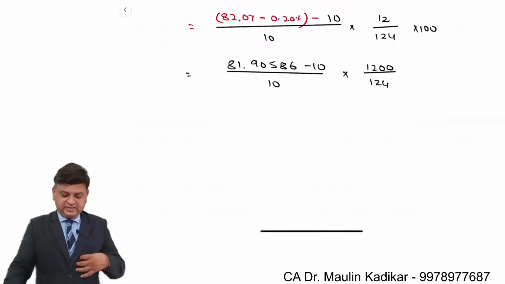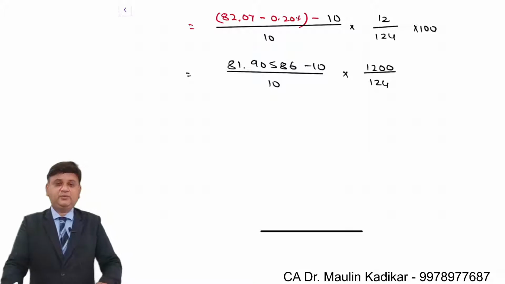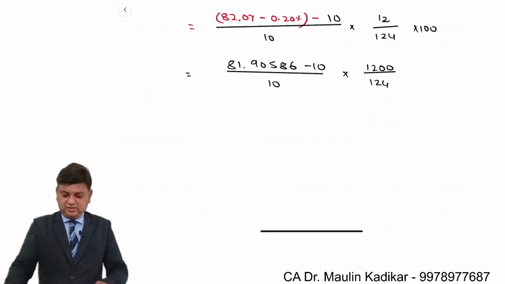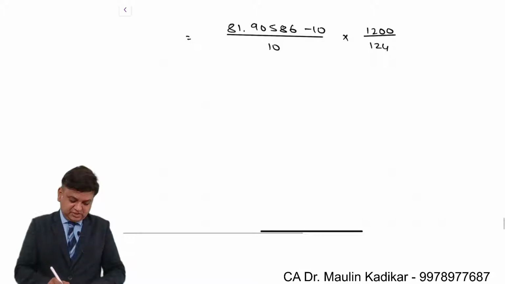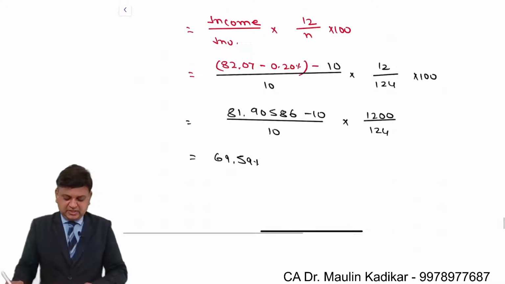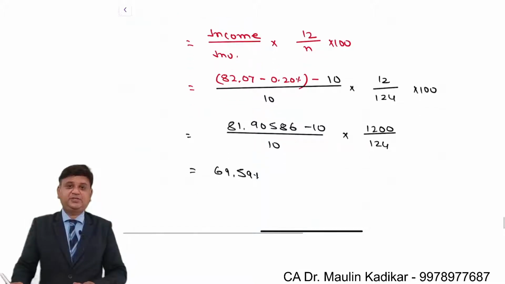So 81.90586 minus 10 comes to 71.90586 into 1200 upon 1240. That comes to 69.59%. And definitely, dear students, going with this process is also acceptable in examination.